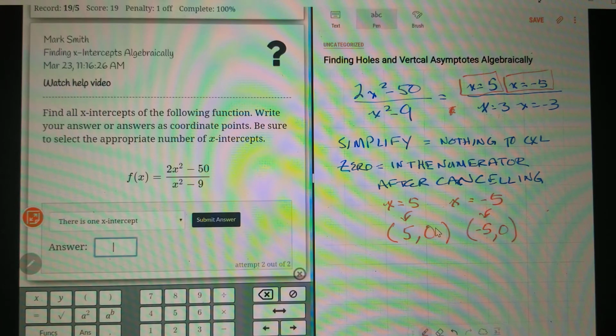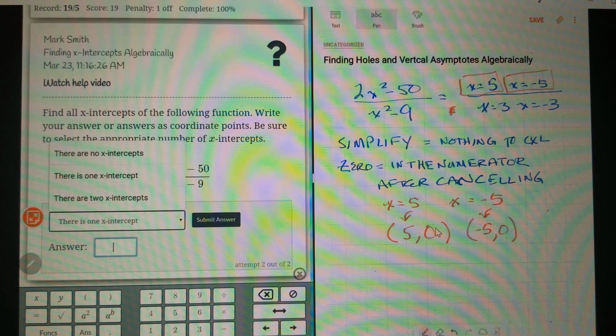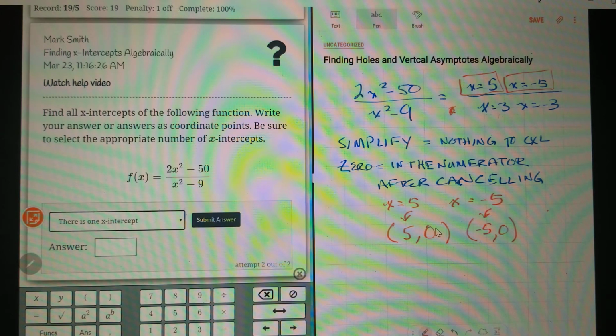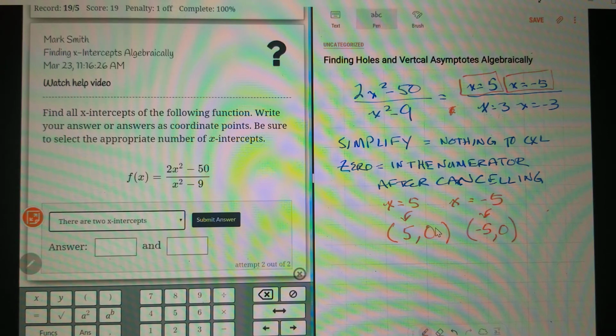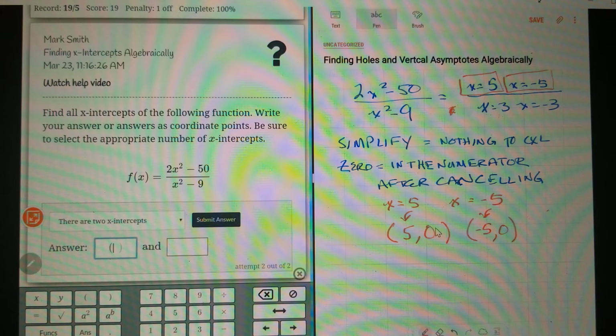Now I come over here and the first thing I do is this little drop-down box. There we go. Notice it gives me 3 possible answers: no intercepts, 1, and 2. And we have 2, so I'm going to click 2, and it gives me 2 boxes to put my answers in. I'm going to put parentheses, 5, comma, 0, parentheses.